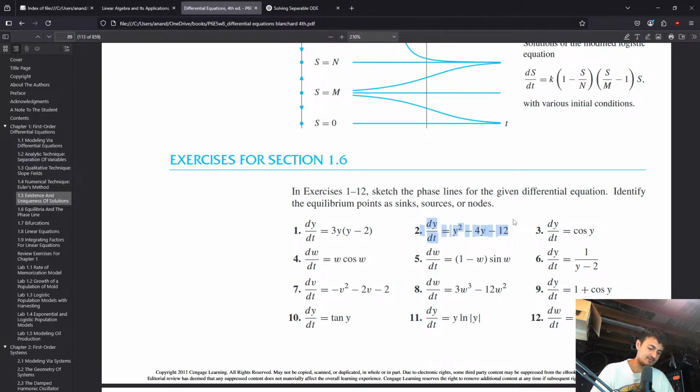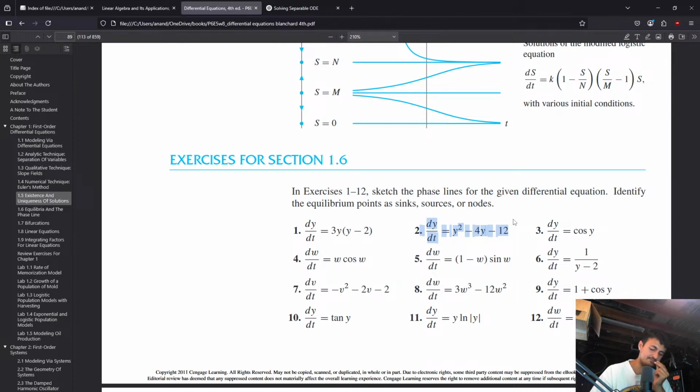Now I'm actually going to right off the bat do the second derivative. So f prime of y is going to be equal to 2y minus 4. At minus 2, because I'm guessing a lot of these, it's going to be easier to just do this. So f prime of minus 2 is going to be minus 4 minus 4, which is less than 0.